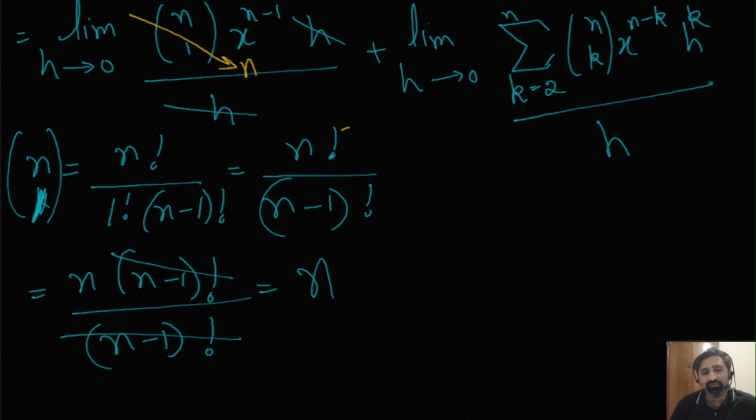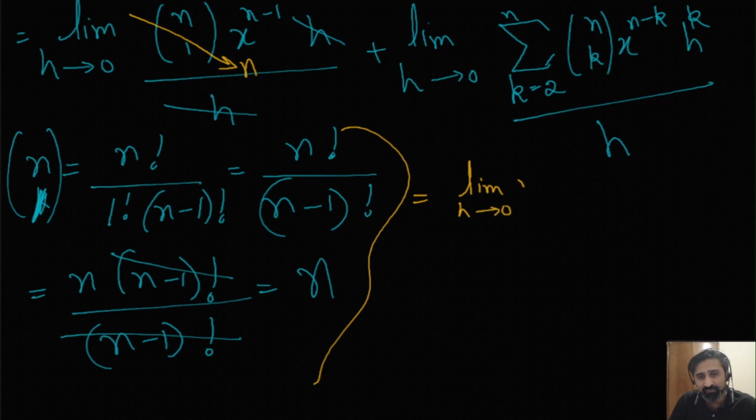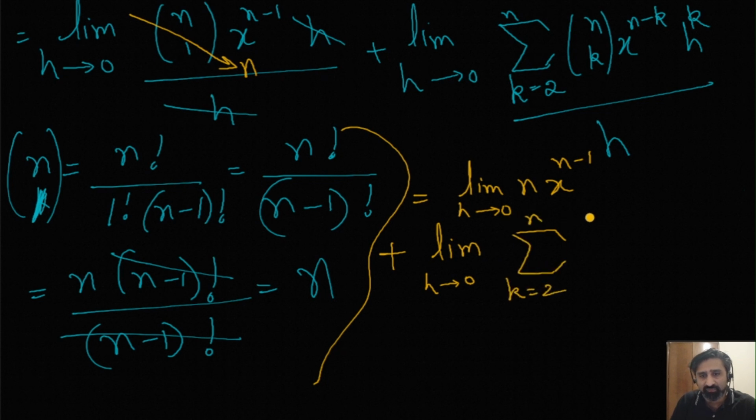So if I now simplify this, we have limit h tends to 0 n x to the power of n minus 1, plus limit h tends to 0 summation k equals 2 to n, n choose k x to the power of n minus k h to the power of k divided by h.